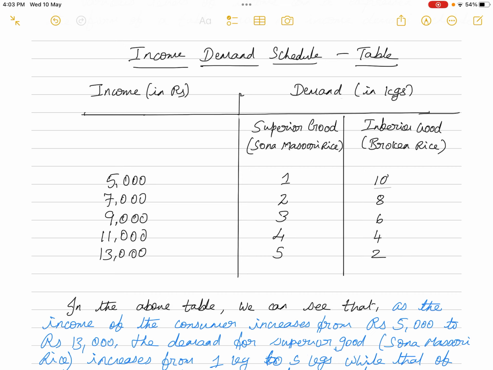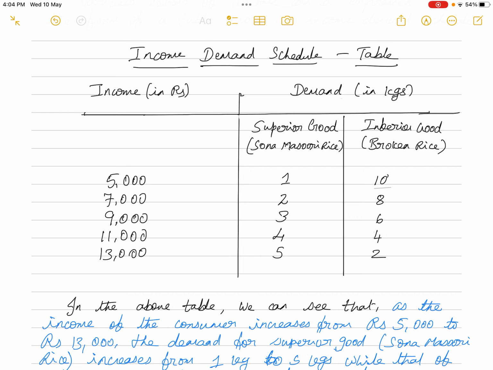Now what is happening? When the income of the consumer is rupees 5,000, assuming the superior good is Sona Masuri rice, the consumer can afford 1 kg of Sona Masuri rice, but he is purchasing 10 kgs of the inferior good, broken rice. Broken rice is an inferior good compared to Sona Masuri rice.